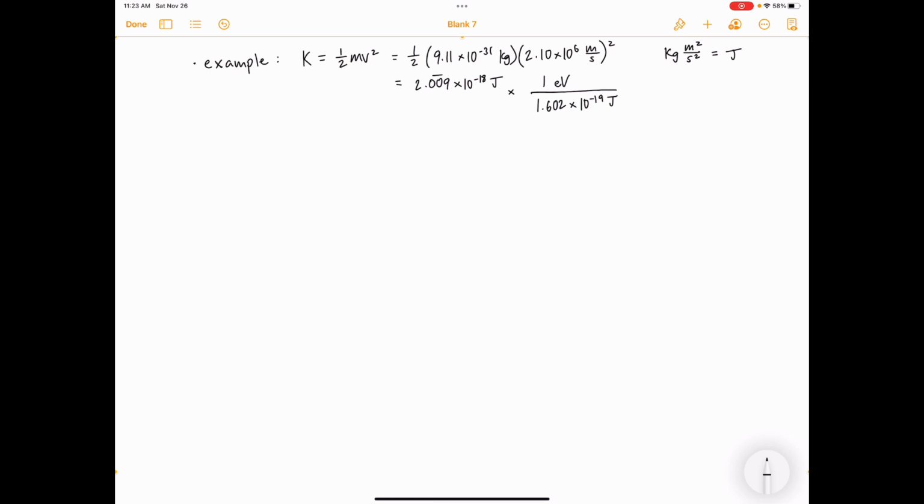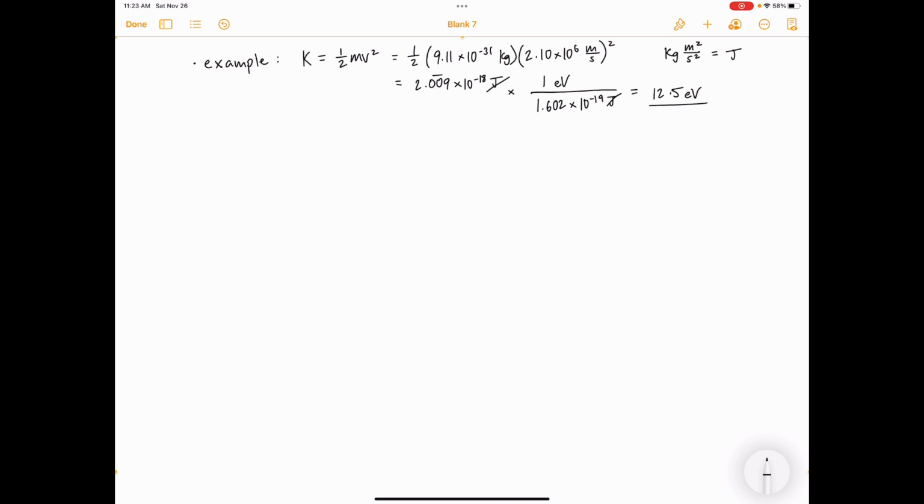Okay, so joules cancel. We just have electron volts at the end of this. And if you do the computation, it should come out to about 12.5. Okay, so that very fast moving electron has an energy of 12.5 electron volts.